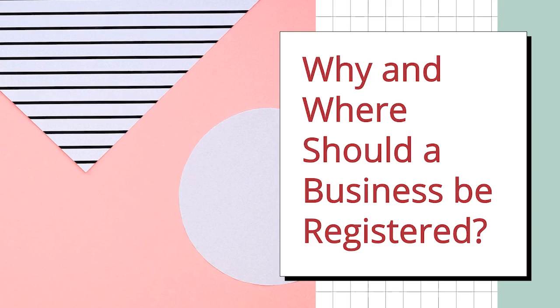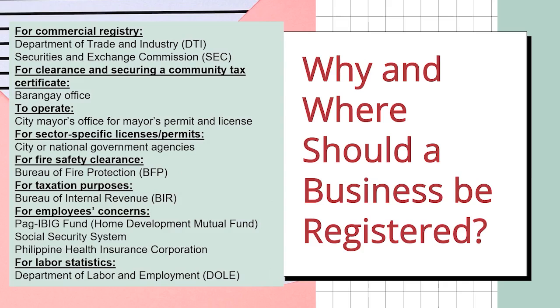So registration documents have to be submitted to the Department of Trade and Industry and the Securities and Exchange Commission or SEC for commercial registry. And then for clearance and securing a community tax certificate, that is at the barangay office. And then for the business to operate, you need the city mayor's office for the mayor's permit and licenses.